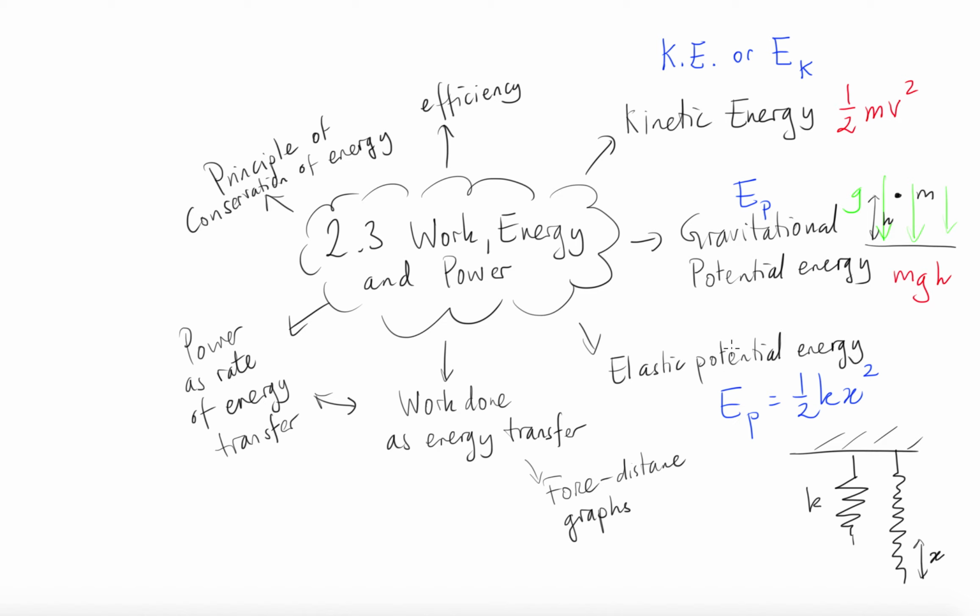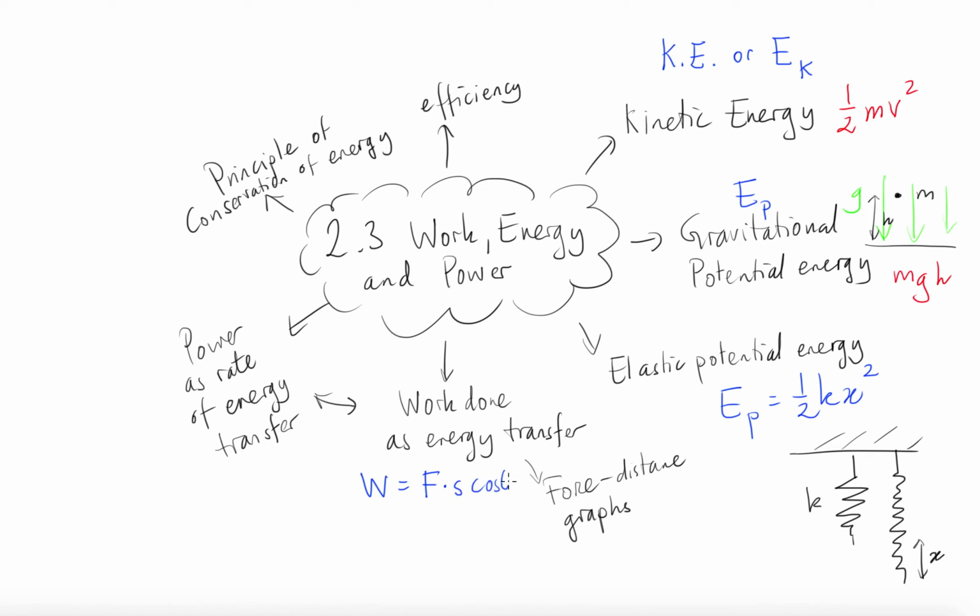In fact, we can derive the elastic potential energy from the force distance graph, because there's a concept of work, and the work done is the same as the energy we've transferred to the system. Work is given the symbol W, and it's the same as the force times the displacement in the direction of the force.